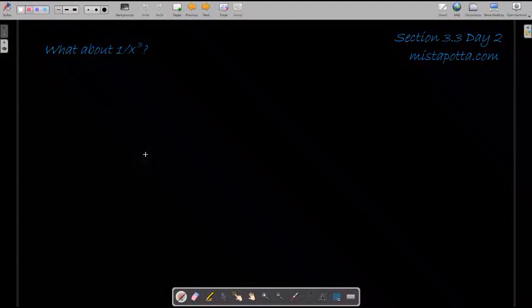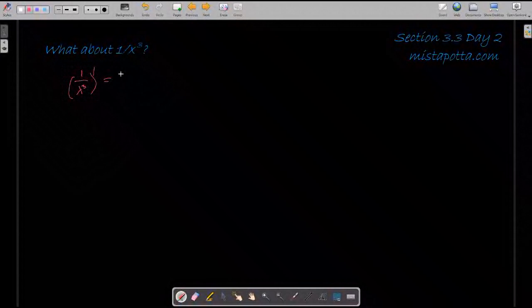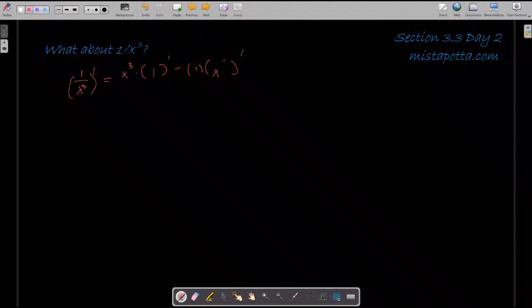If I want to take its derivative, that should give me the denominator times the derivative of the numerator minus the numerator times the derivative of the denominator over the denominator squared.